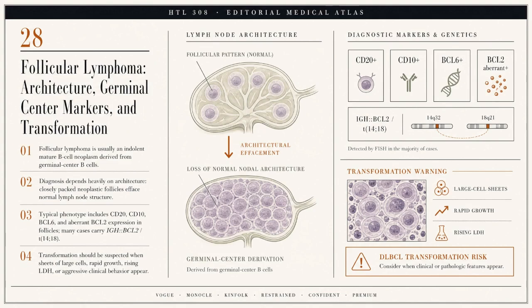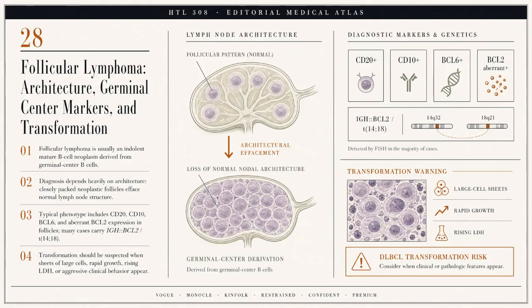This molecular alteration is pivotal because it confers a survival advantage to the malignant B cells, allowing them to evade programmed cell death and accumulate within the lymph node. Immunohistochemistry plays a central role in distinguishing follicular lymphoma from reactive follicular hyperplasia and other lymphomas. The neoplastic follicles typically express germinal center markers CD10 and BCL6, confirming their origin from germinal center B cells.